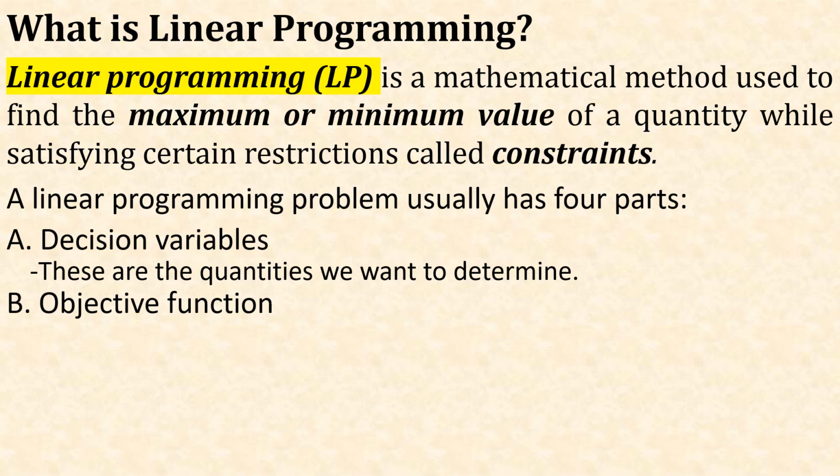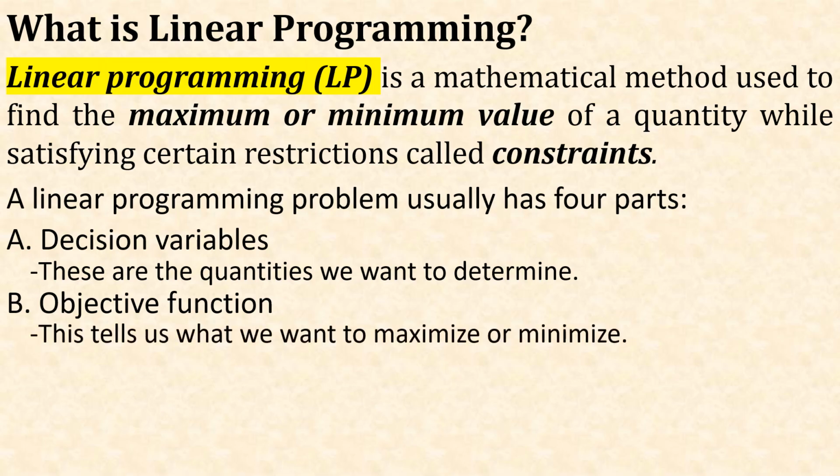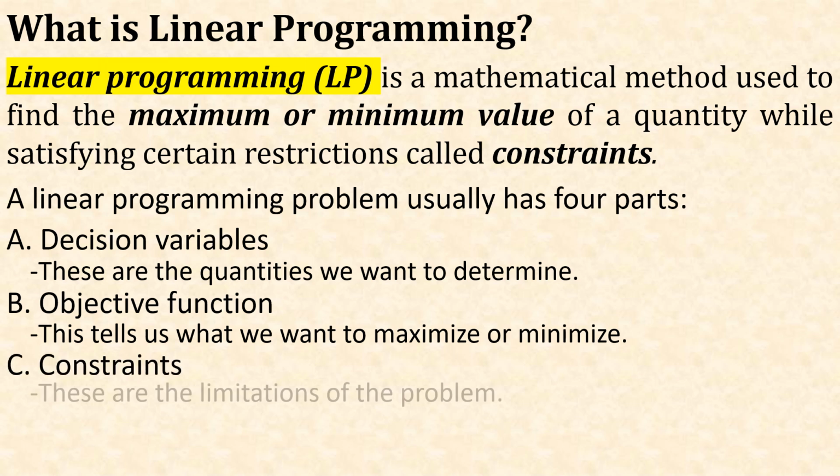Then we have the objective function. This tells us what we want to maximize or minimize. For example, we want to maximize the profit by finding the number of tables and the number of chairs. Then we have constraints.